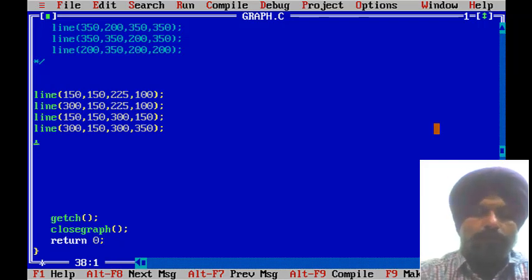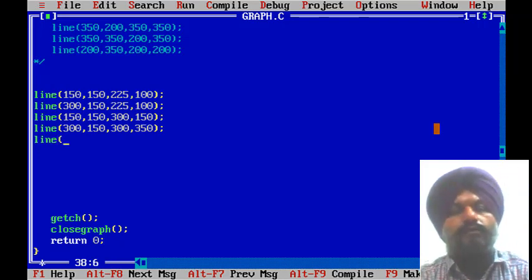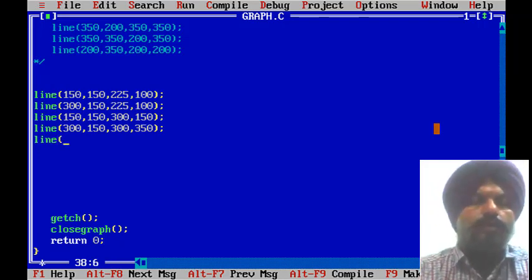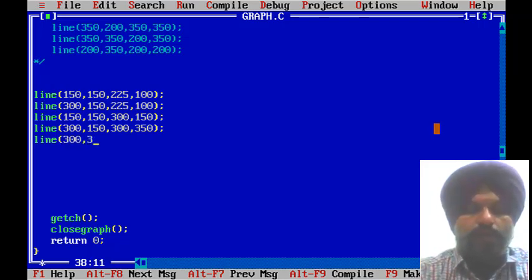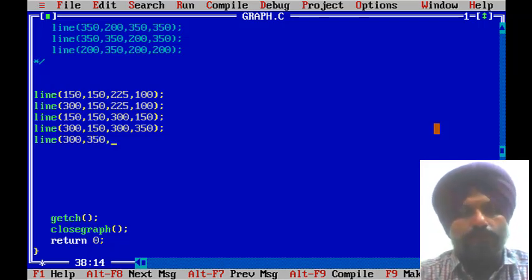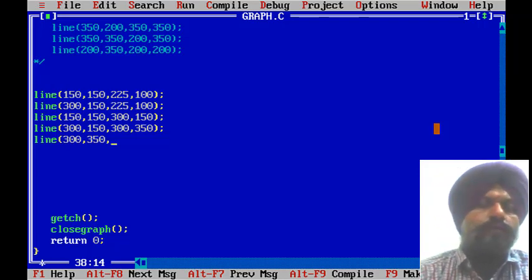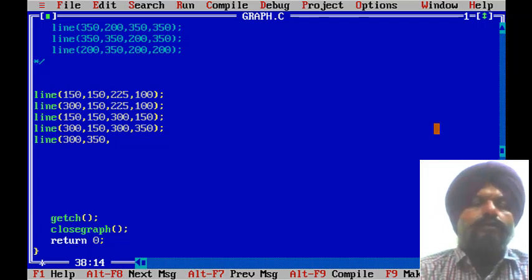In a similar way, we have to draw the next line, that is the bottom line of the square. Same idea, the ending point of the previous line becomes the first point of the next line. Now we have to change the value of the x-axis by taking the same value as the y-axis.